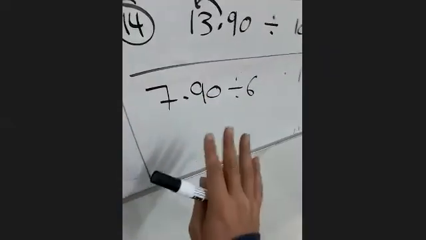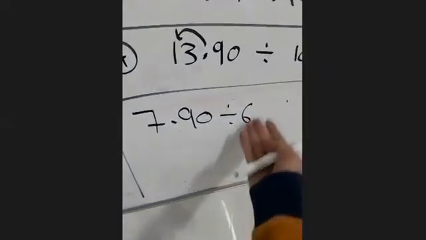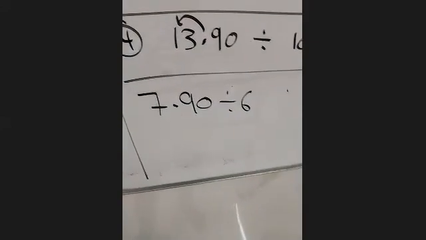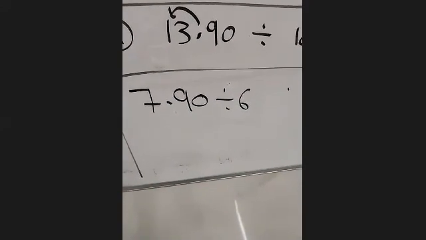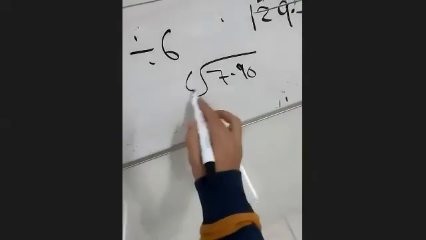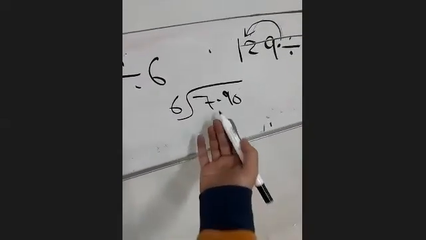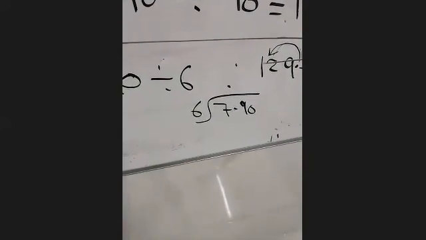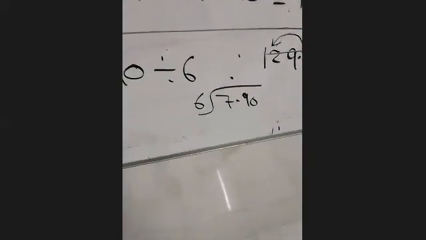Do you know how to divide these two numbers? Yes. What's the problem? Nothing, okay. We divide normally 7.90 divided by 6. We do the division, and once we get to the decimal, we put it up. What did we forget? No, focus.